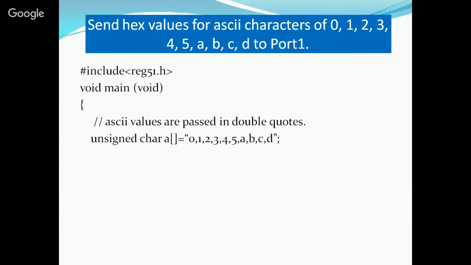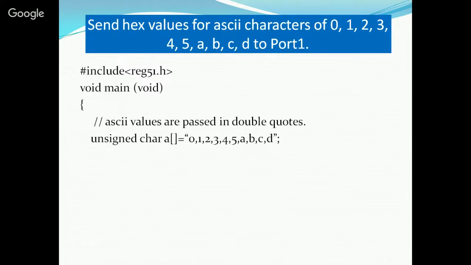The values are not to be sent as such; their ASCII characters are to be sent. So that's why we will use them in double quotes. Whatever values, the ASCII characters of 0, 1, 2, 3, 4, 5, A, B, C and D.